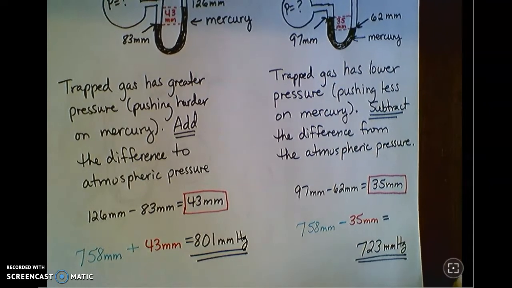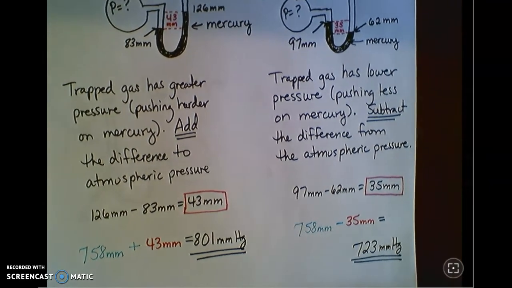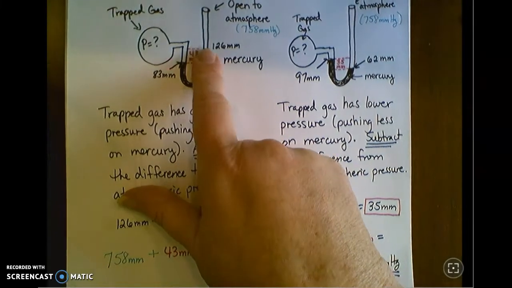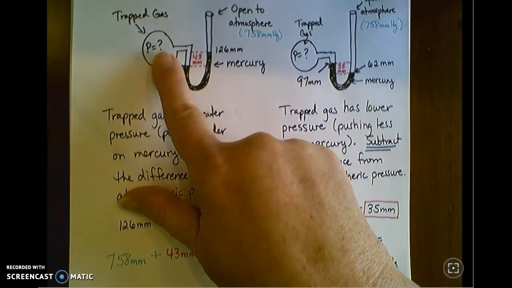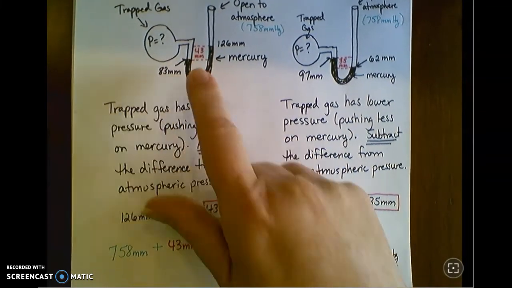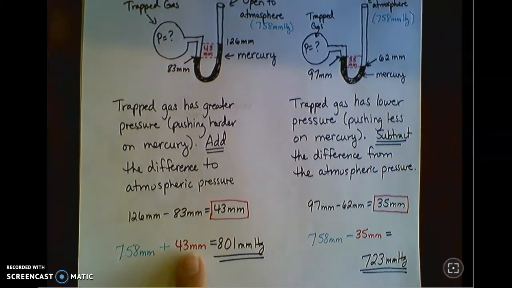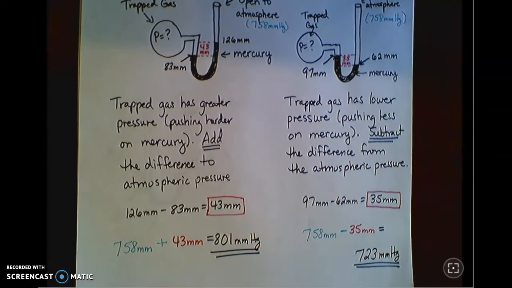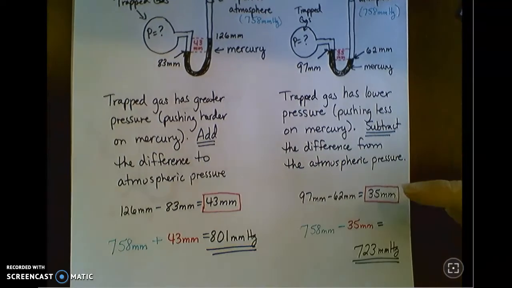So again, looking at how the manometers are set up, since the atmosphere level is higher, that means the gas here is pushing harder. So I add the difference to get a final answer there of 801 millimeters of mercury.